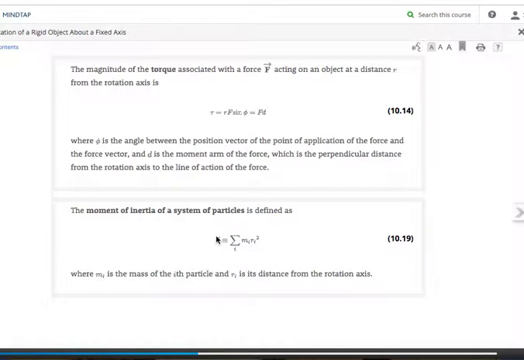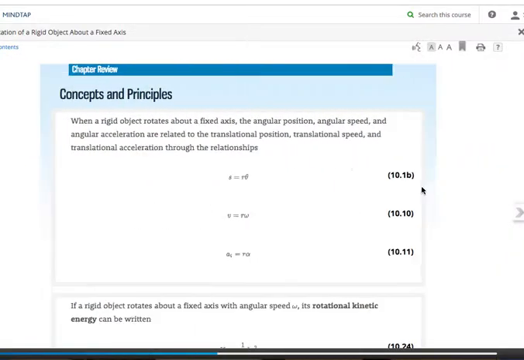If you have all that mass distributed at the center, near the axis of rotation, then you have a low moment of inertia. But if you have the mass distributed out near the edge, far away from that axis of rotation, then this moment of inertia term will be larger. It'll be harder to change the rotational motion.